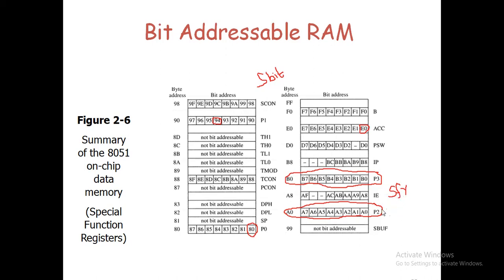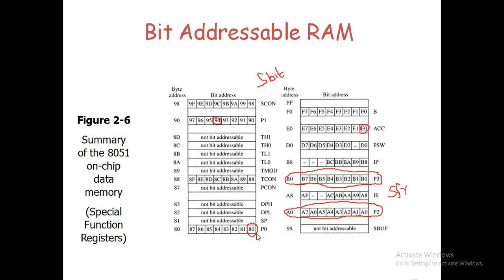The last data type is sfr. If you want to access the entire byte, for example P1 is a single byte, 8 bits, with the help of sfr it is possible. It is possible not only for bit addressable registers, but anywhere from location 80H to FF we can access with the help of sfr.